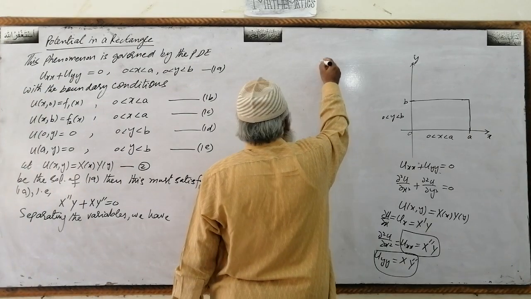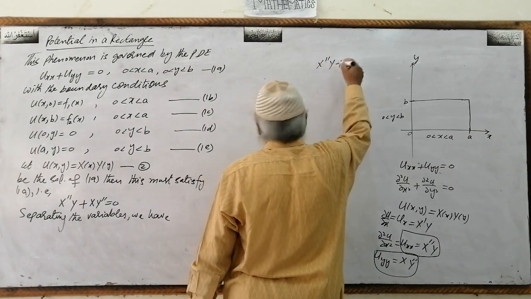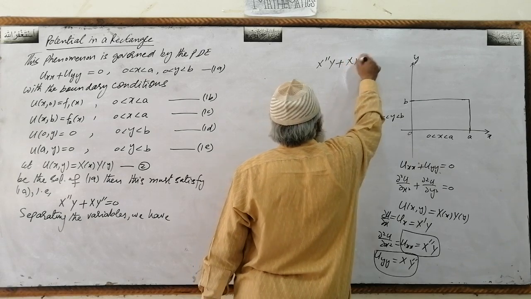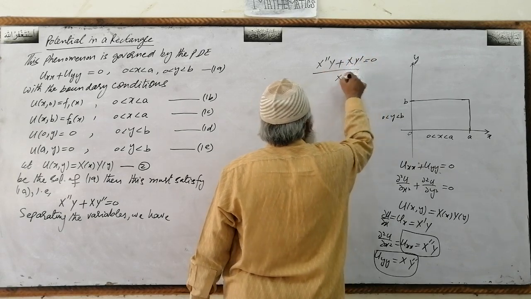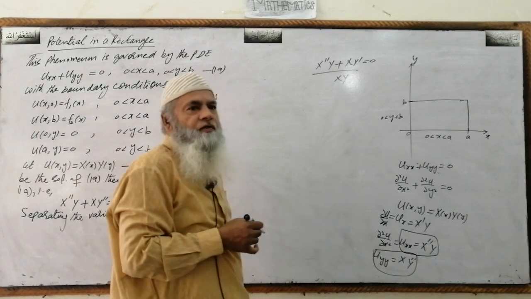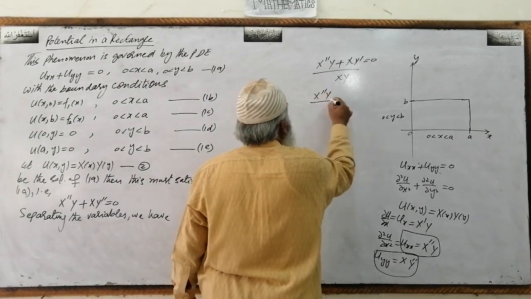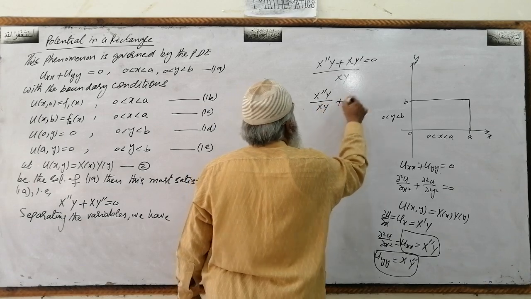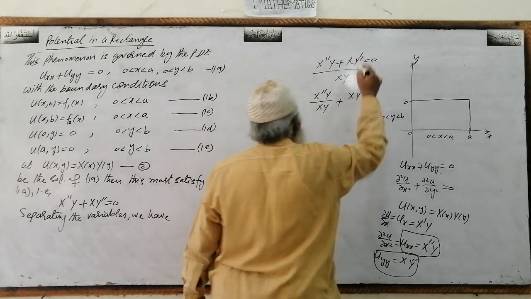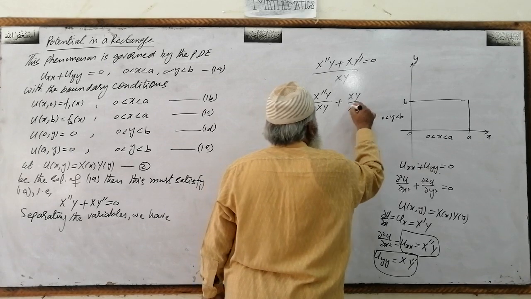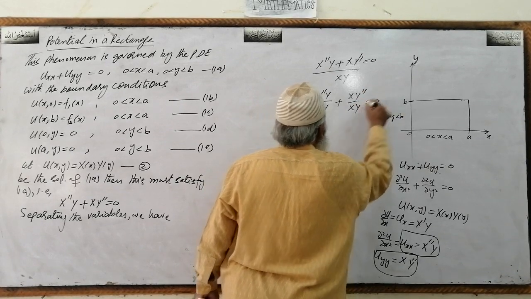Look at here, we have x double dash y plus x y double dash is equal to 0. When you divide the left hand side by xy, what will happen? x double dash y over xy plus x y double dash over xy is equal to 0.